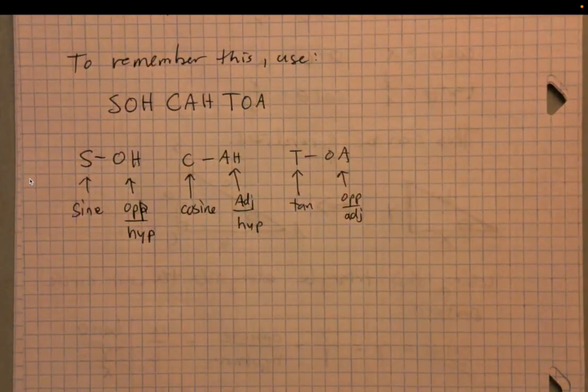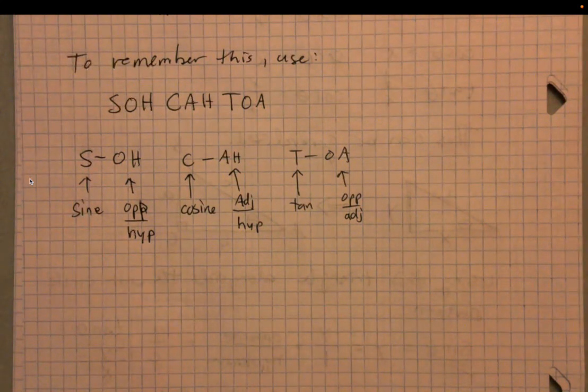SOHCAHTOA. I use this to this day. I mean, I don't have the trig functions hardwired. I think the fact that this mnemonic device exists makes it impossible for me to ever memorize it. All I remember is SOHCAHTOA, and it just pops right out of there. So this is how people tend to remember the right triangle definition of the trig functions.